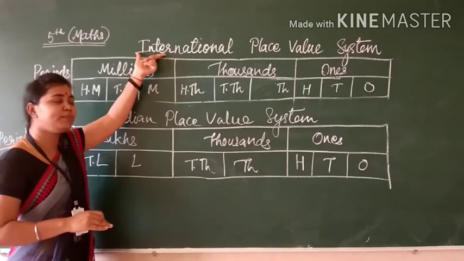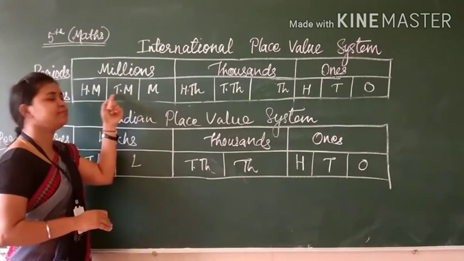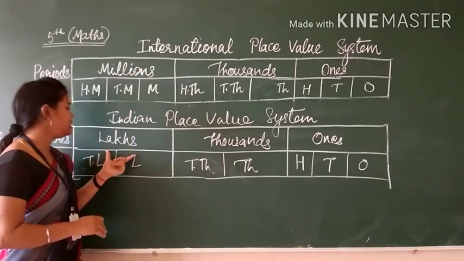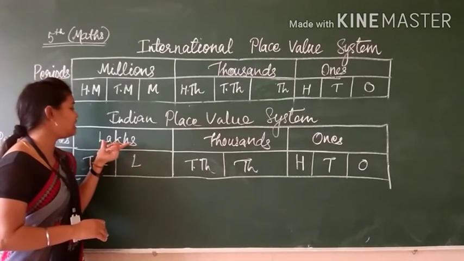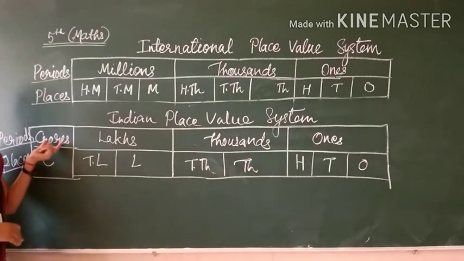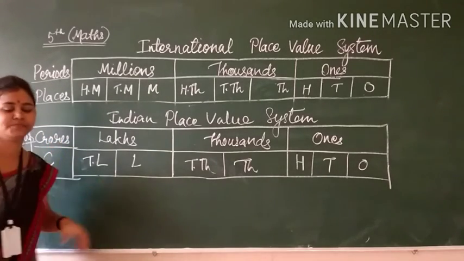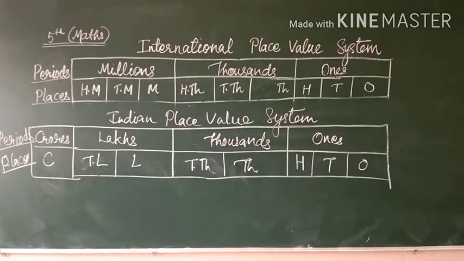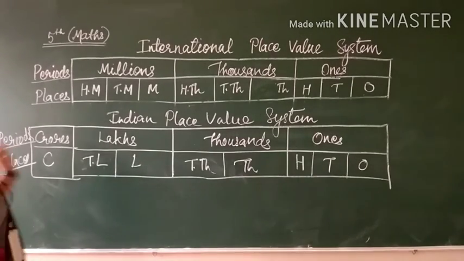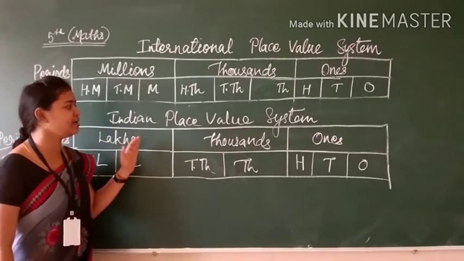Now in the international place value system, millions is divided into three places, millions, 10 millions and 100 millions. Here the third period is the lakhs. Lakhs is divided into lakhs and 10 lakhs, and this is again followed by one more period, crores. Crore is crore, and more it can be extended, 10 crore. So in this way we understood the difference between the international and Indian place value chart systems.